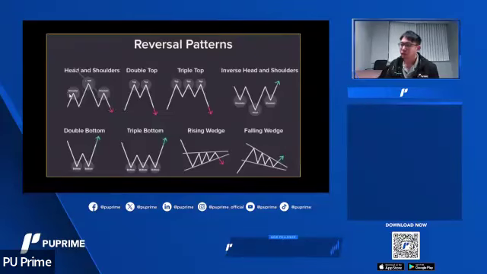The logic behind this is that the price already has a higher high. If this one fails to make a higher high, and this high goes up here instead, then this is a continuation price pattern. But if it fails to record a higher high, it means the bullish momentum is easing.